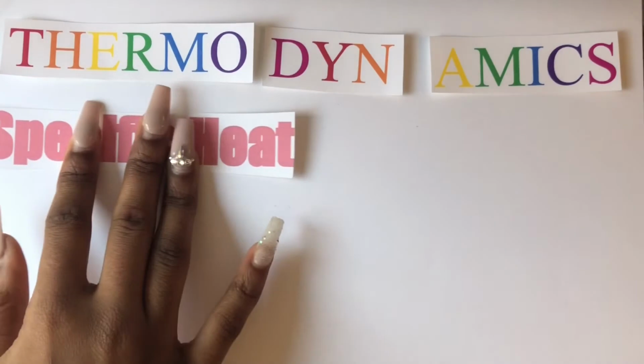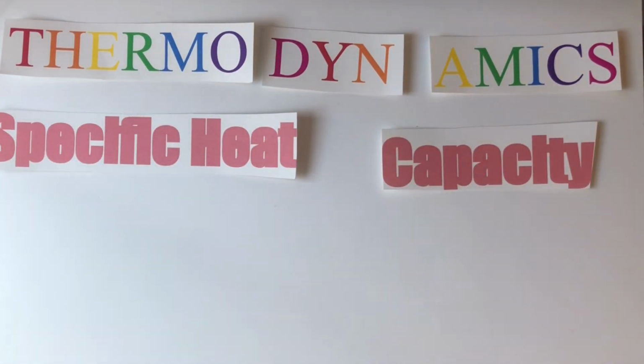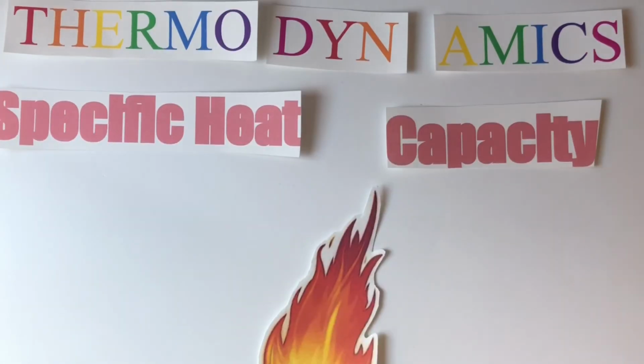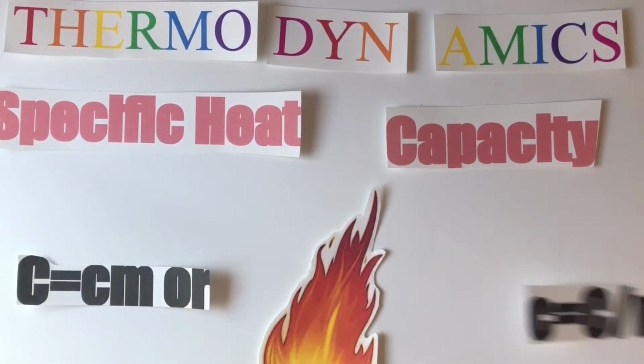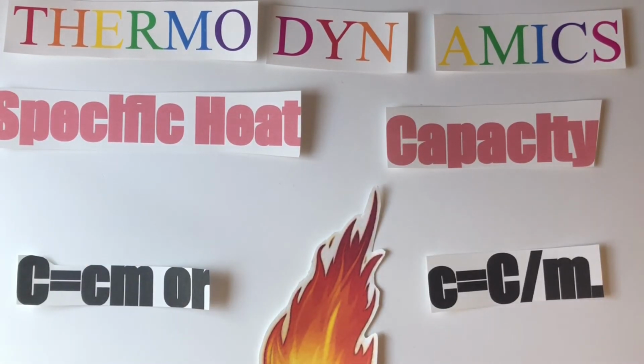The units of specific heat capacity are joules over kilograms times Celsius, or equivalently joules over kilograms times Kelvin. The heat capacity and specific heat are related by the equation C equals cm, or c equals C over m.